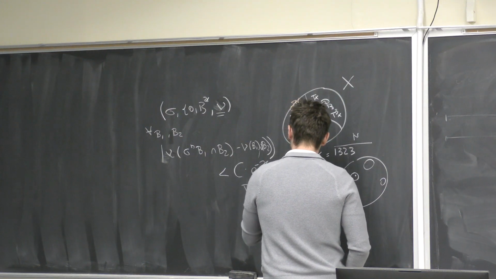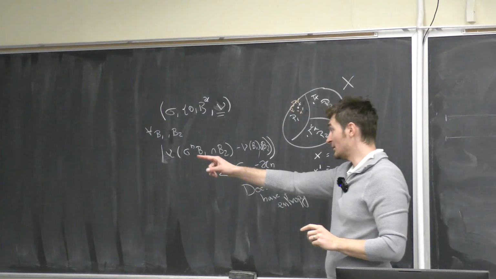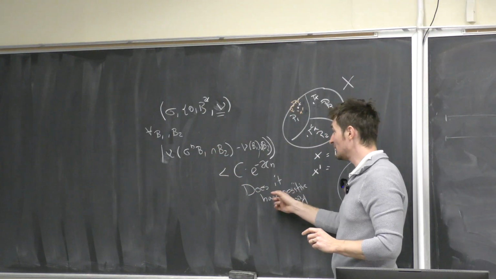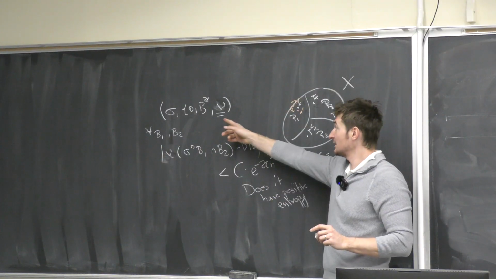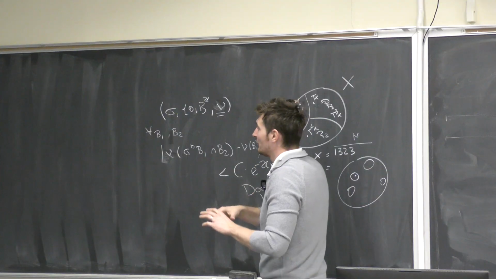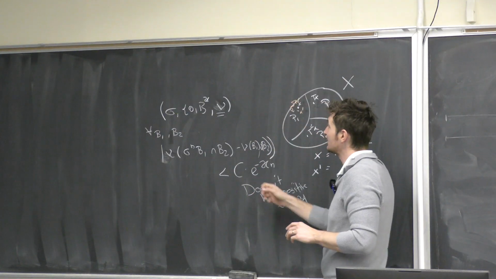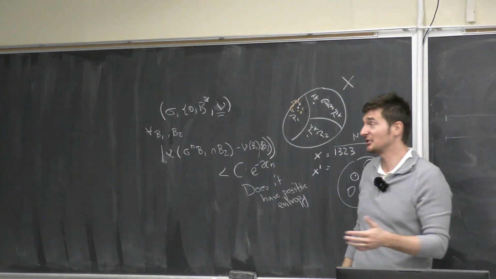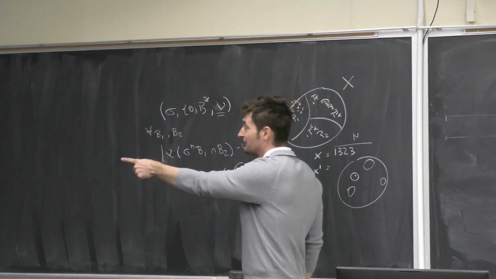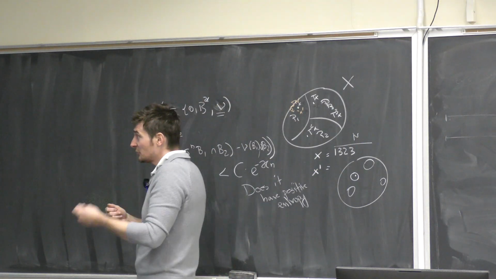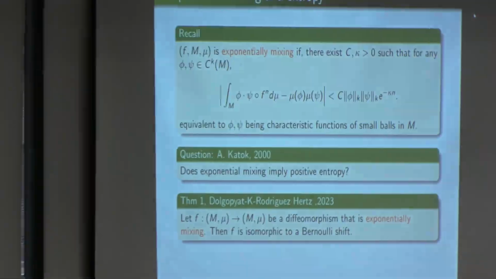Why is this interesting? If you look at this theorem 1, and the answer to this would be no, then with some extra work, but I think the extra work we've already done, this would be a counterexample to the smooth realization. So you see there is a property of smooth systems, which is exponential mixing, that gives you some rigidity, which means I have positive entropy.